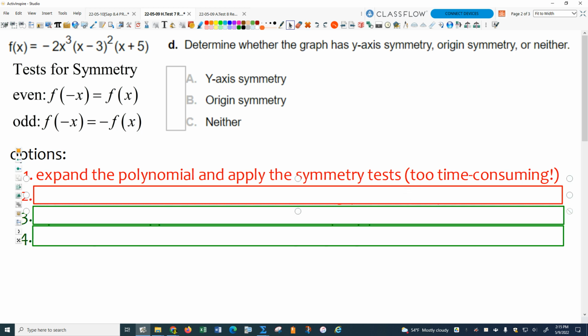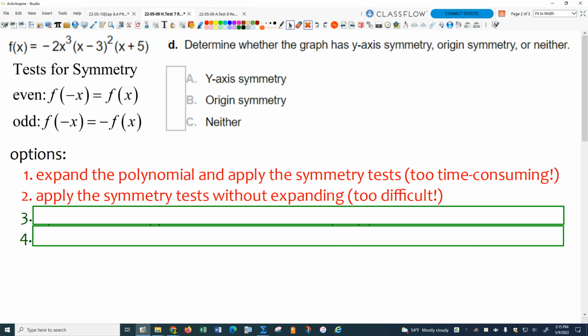Could we apply the symmetry test without expanding? I mean, we could, but it's kind of tough. f of negative x is going to look like negative 2 times negative x quantity cubed times negative x minus 3 quantity squared times negative x plus 5.